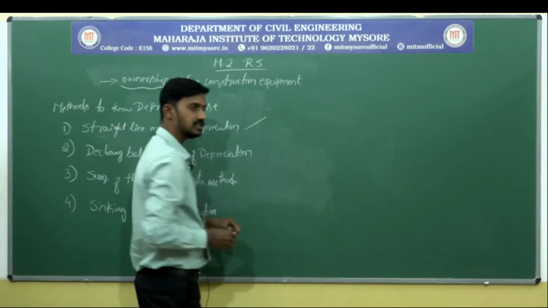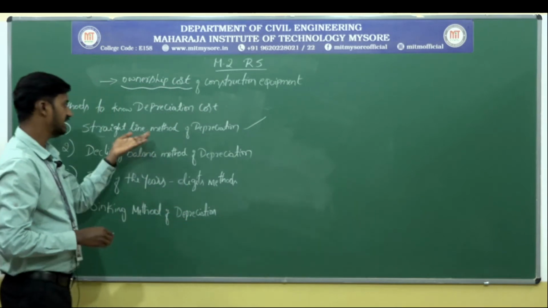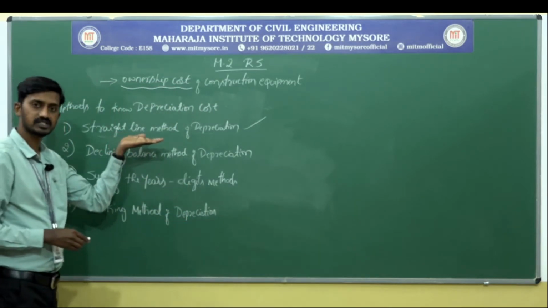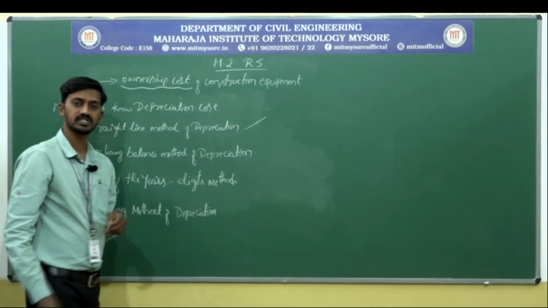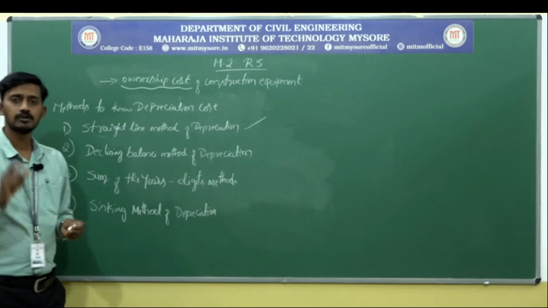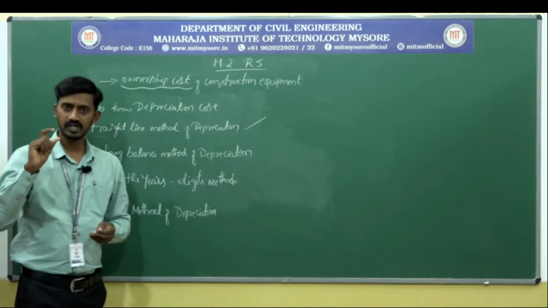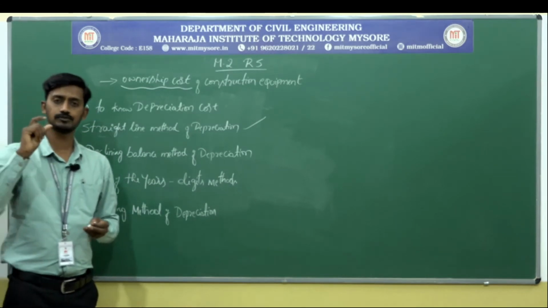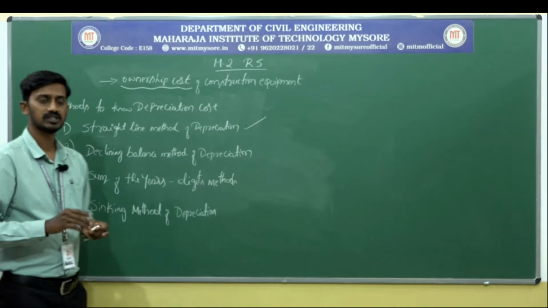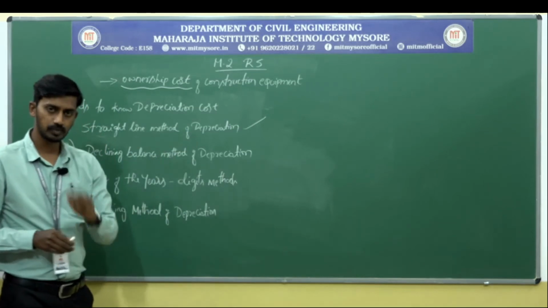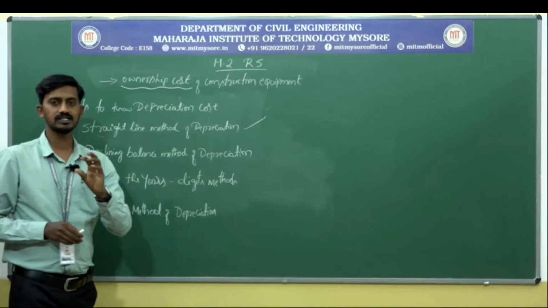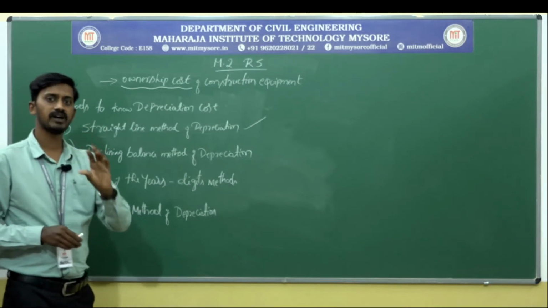The very easy method of finding depreciation cost is this, the straight line method of depreciation. What happens in this method is that for every year the same percentage of cost is depreciated. That means, suppose you purchased equipment worth 1 lakh rupees, then for every year it is considered as some 5,000.